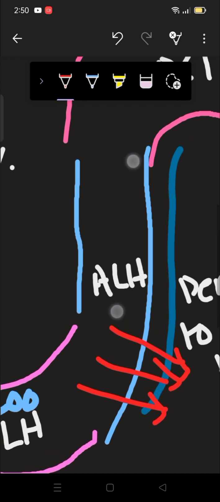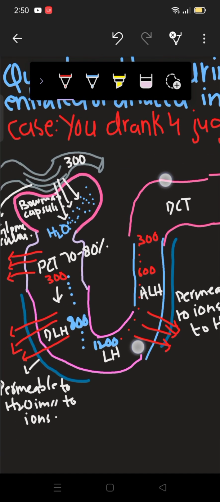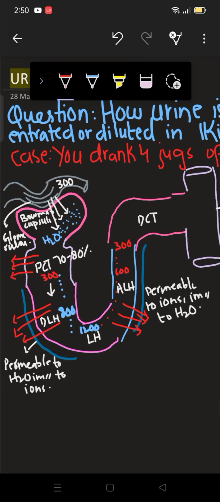Suppose it is 1200 and the ions are going out, so here it would be 1100, then 1000, 900, 800, 700, 600, then again 500, 400, 300. Ultimately reaching the DCT, the osmolarity is 300 osmol per liter now.